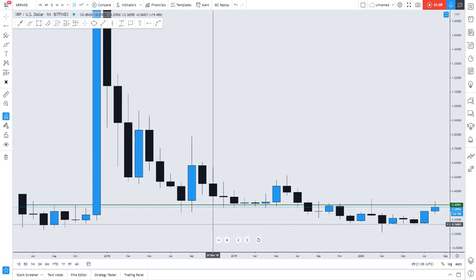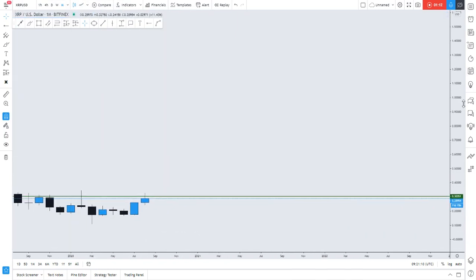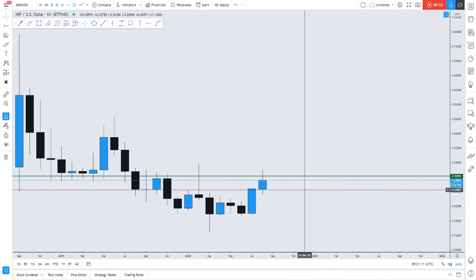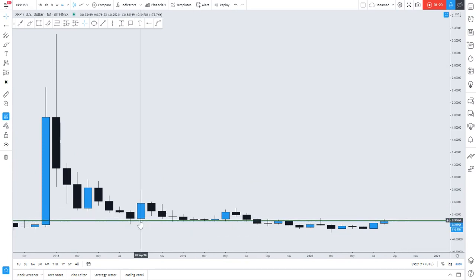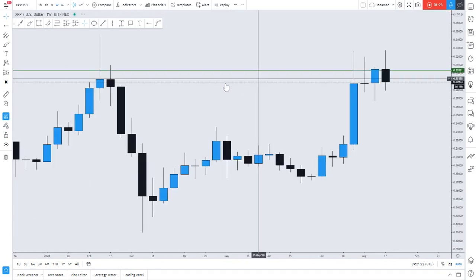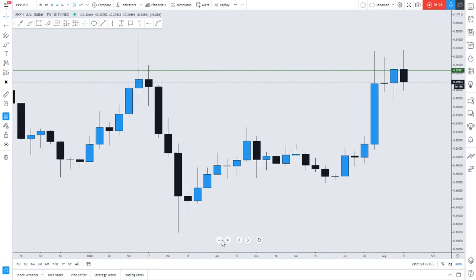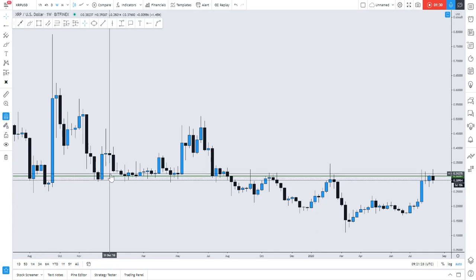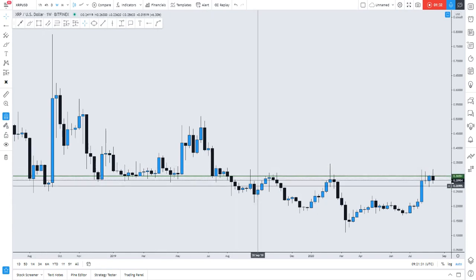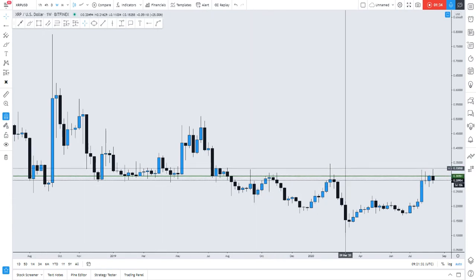This area of structure right here. You can see how well it acted as resistance, resistance, resistance, and now it acted as support, support, and resistance right here. So let's go down to the weekly time frame. Actually, we get a better view and a better perspective of it from the weekly time frame. So support, support, support, resistance, resistance, resistance, and the same thing here again.